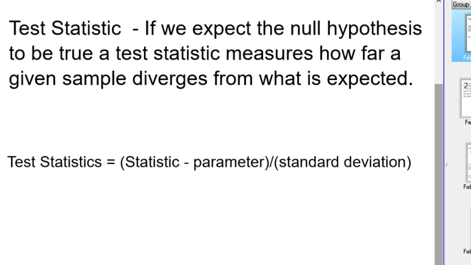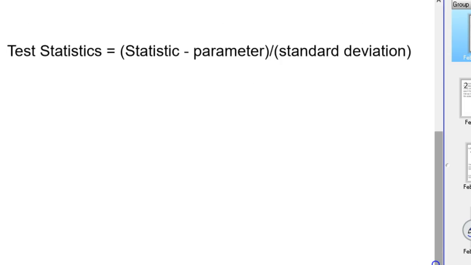A test statistic measures how far a given sample diverges from what is expected. In this case, a test statistic is our statistic minus our parameter divided by the standard deviation. So we're dealing with proportion, and we're going to be dealing with z-score.